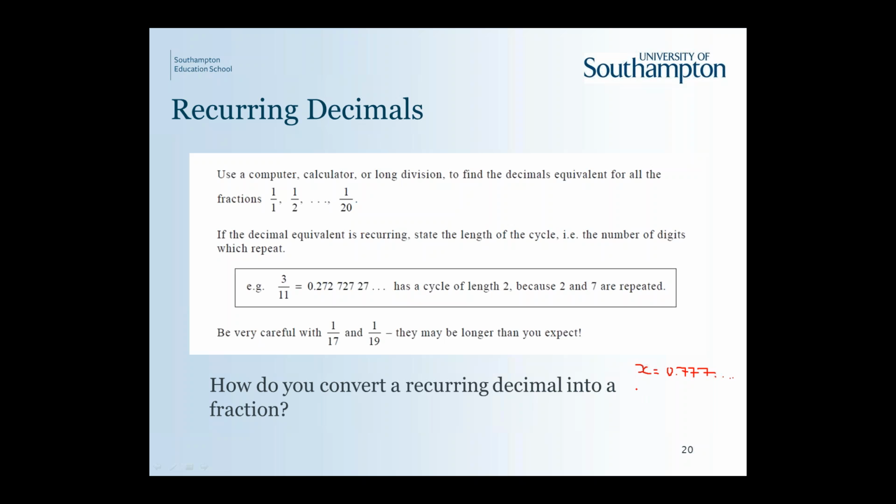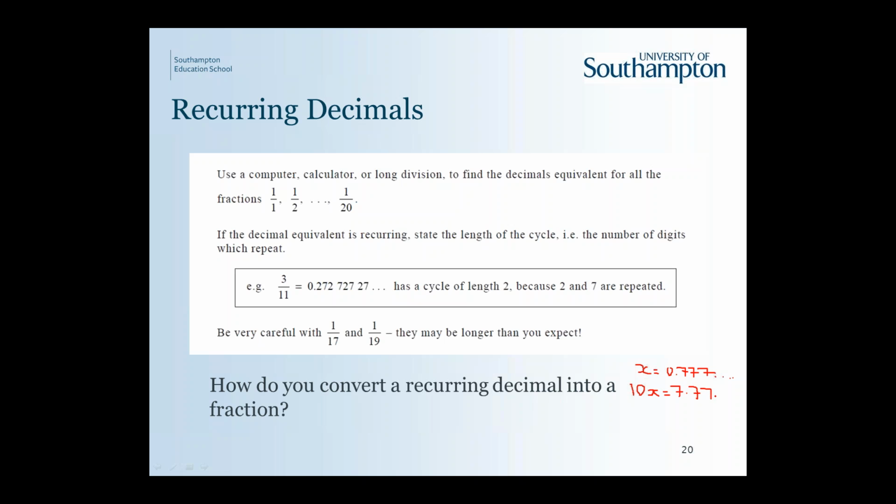So yes, if we let x be our recurring decimal, we are wanting to know, okay, how do I write a recurring decimal as a fraction? Here's the main thing that I should have said: any recurring decimal can be written as a fraction. Because there's only a cycle length of 1, we multiply the x by 10, and that brings it to 7.7 and so on.